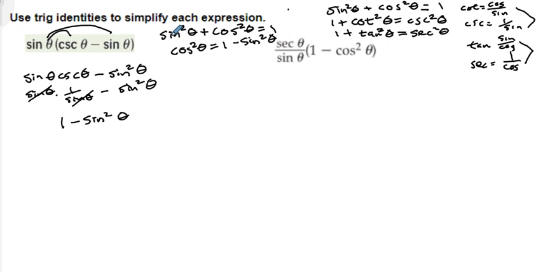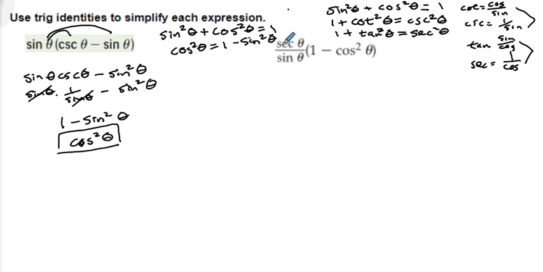I go over this about 4, 5, 6 minutes in or so. So cosine squared theta equals this, and because of that, I can rewrite this. You always want to write it in simplest form. What simplest form means for these is as few trig functions as possible. If you're able to represent the whole thing with just one function, then hey, that's a win.